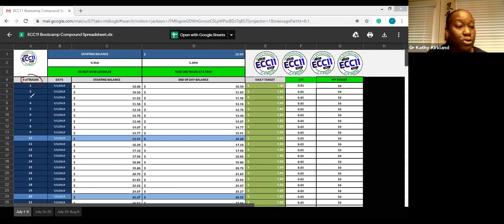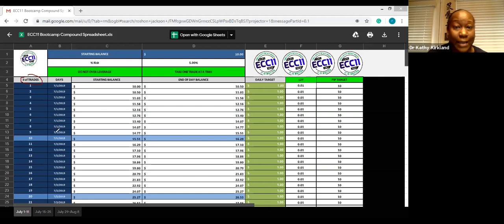You can place as many trades as you need to in order to grow your account, 1 at a time. So if I put 1 trade in, then I wait for that trade to hit take profit, and then I go to the next one. Then I put another trade in and wait for that one to hit take profit, then I go to the next one.